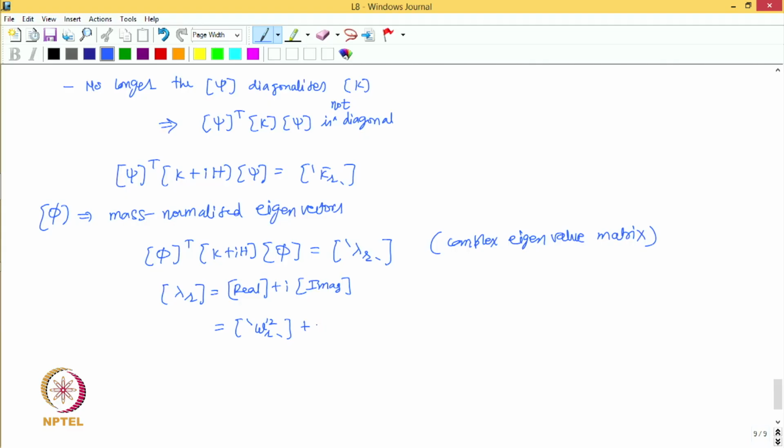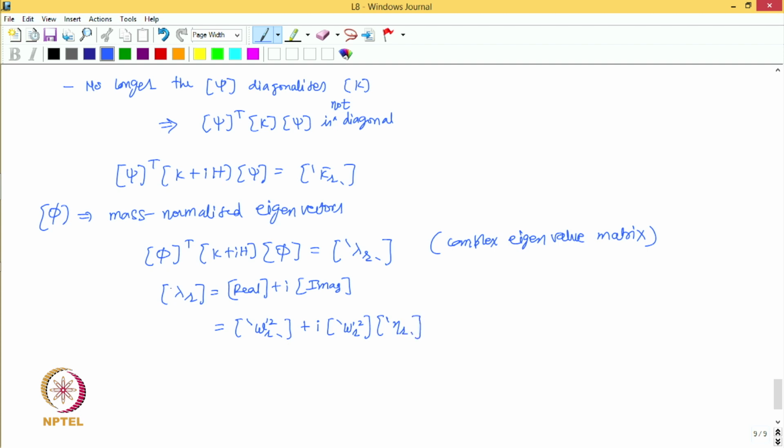And we can then break down the imaginary part, we can write that as a product of omega r dash square times, say, eta r, right.